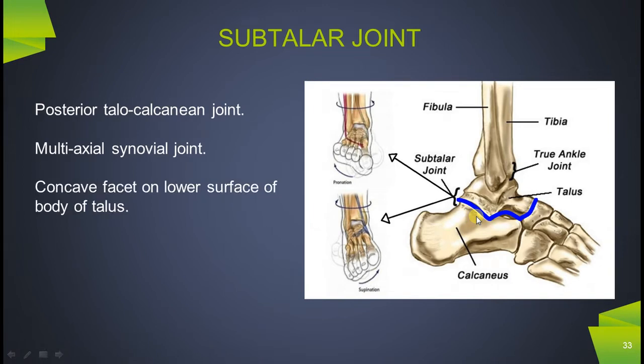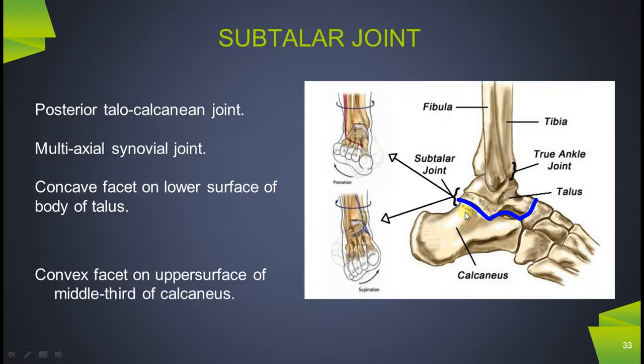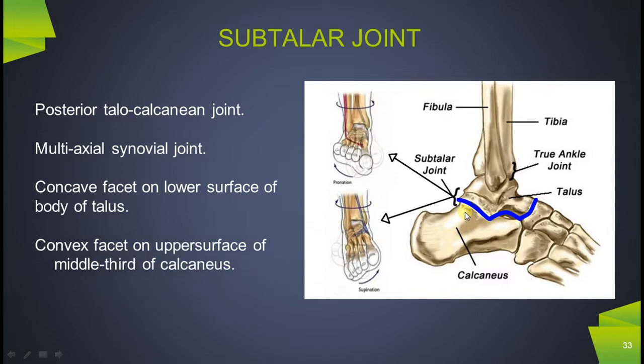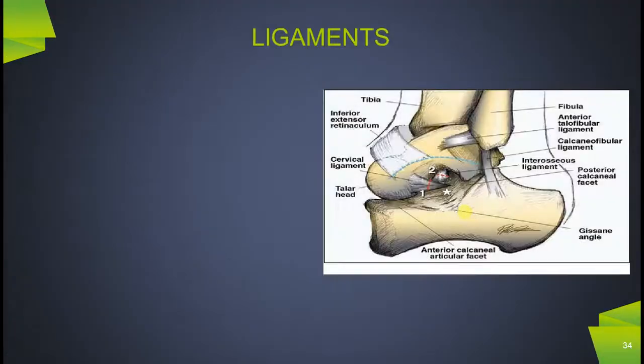There is a concave facet on the lower surface of the body of the talus, a convex facet on the upper surface of the middle third of the calcaneum, and you have the sinus tarsi. You are able to see the concave and the convex facet.